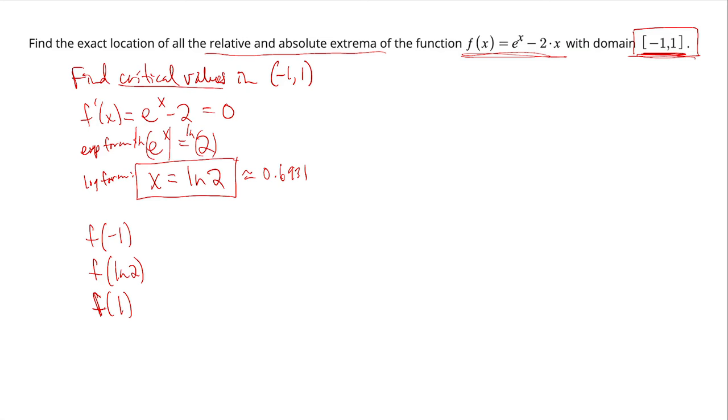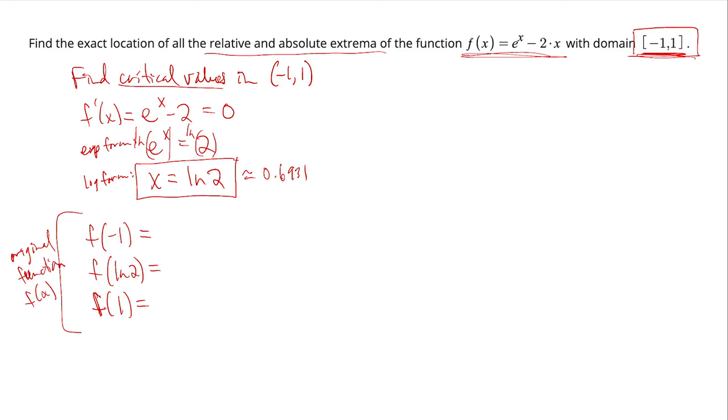I'm going to put these as exact answers first, but I will round as well, just so I can figure out which one is largest and which one is smallest. If you plug -1 into the original function, and I just want to make a note here, this is into the original function f of x, not the derivative. That's really important to remember.